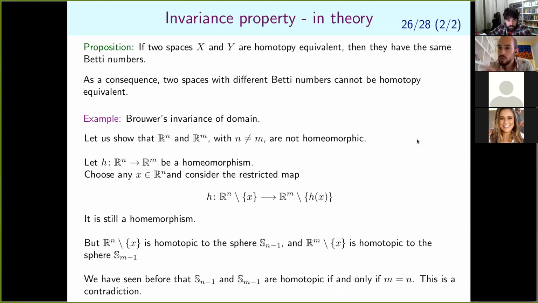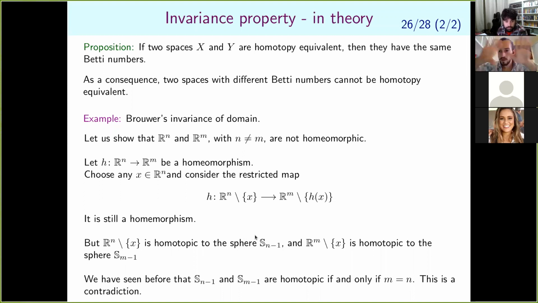It looks like the previous proof we did. By contradiction, I choose a homeomorphism between R^n and R^m. And now, again, I will remove a point from R^n. So my homeomorphism will restrict to a homeomorphism between R^n minus a point and R^m minus a point. But you can prove that R^n minus a point is homotopy equivalent to its sphere.